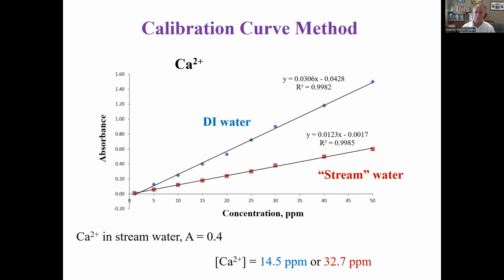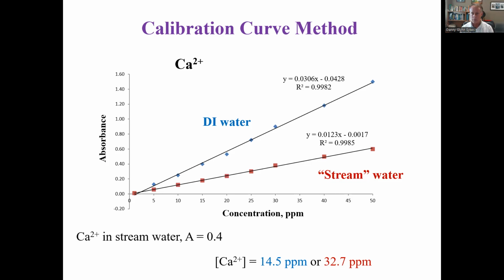It's whichever one has the matrix most closely similar to the actual sample, in this case probably the stream water. But that's a huge difference in concentration. This represents a severe limitation to using external calibration methods when quantifying analytes in given matrices, and so industry will not use external calibration methods for quantitation because of the severe matrix effect.